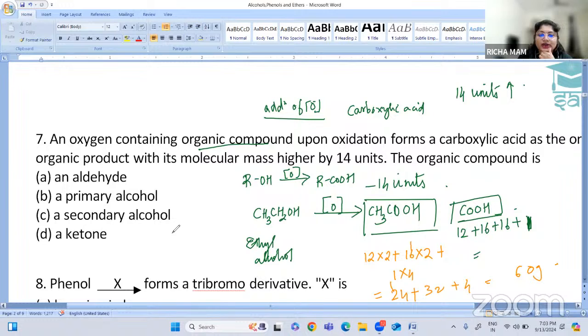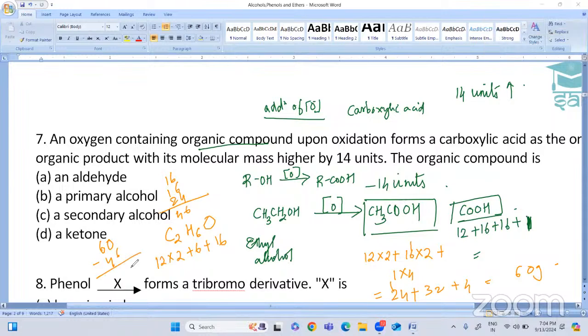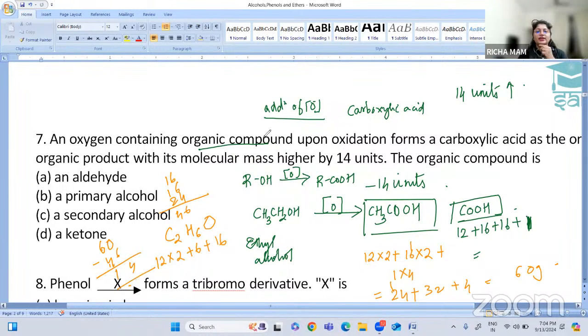For ethyl alcohol, carbon is 2, hydrogens are 6, and oxygen 1: 24 plus 6 plus 16 is 46. So the difference between these is 14. So which is the compound? It is a primary alcohol, option number B.